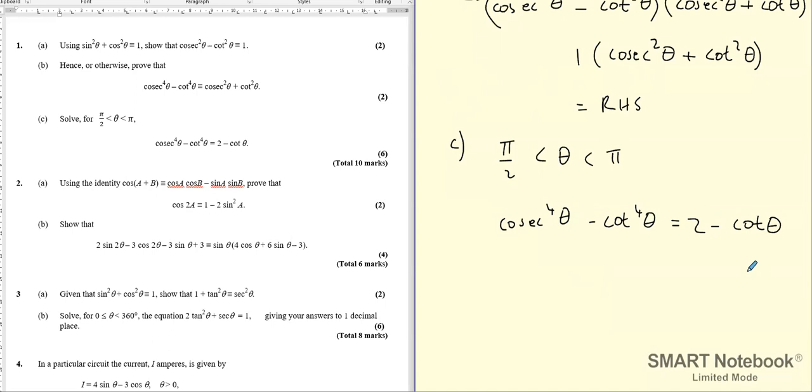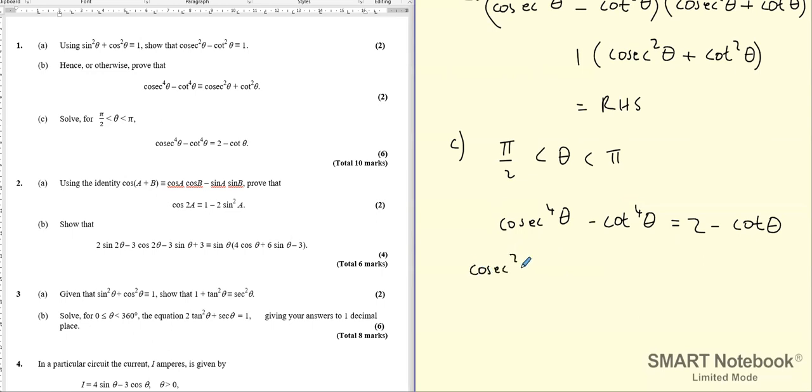So we've got an equation here from part B. Now, even if you weren't able to do part B, what you should have recognized is that part B says cosec to the power of 4 theta minus cot to the power of 4 theta is identical to the right-hand side.